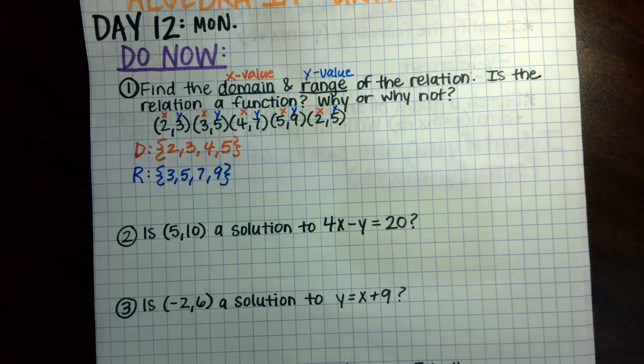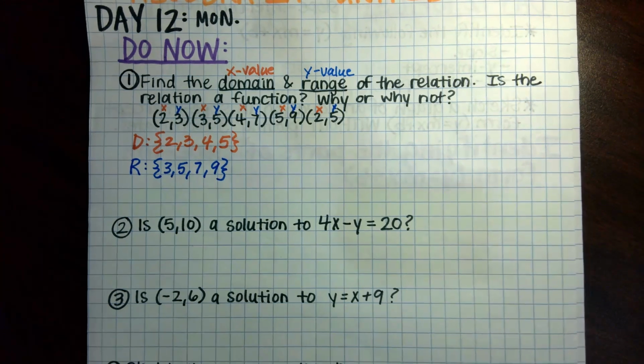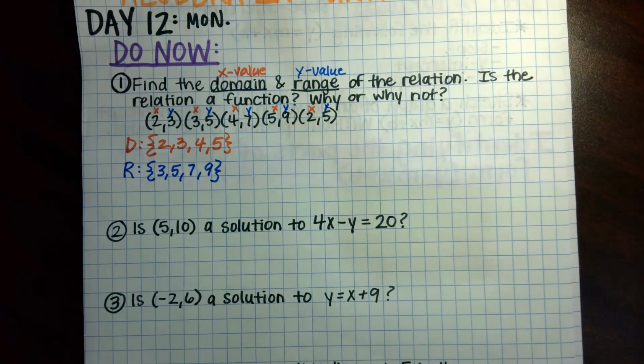Now on to the next part of the question. It asks, is the relation a function, y or y not? Okay, so we said no because there are duplicated x's.